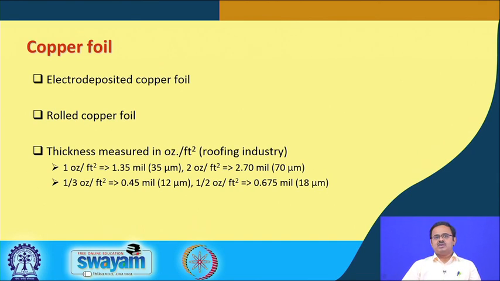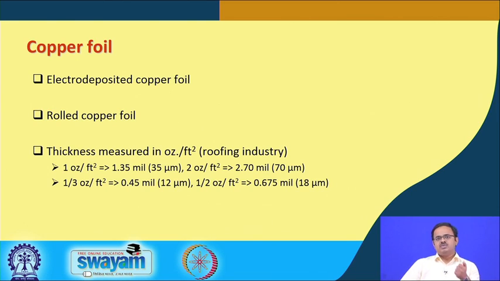The thickness of the copper foil is measured in ounce per feet squared. So, 1 ounce per feet squared corresponds to 1.35 mils. Mil is milli inch, and therefore, it is about 35 microns.